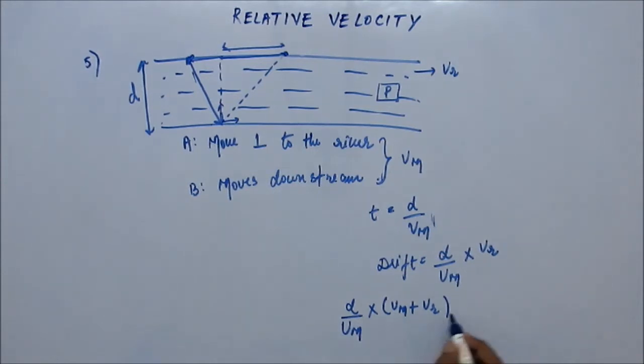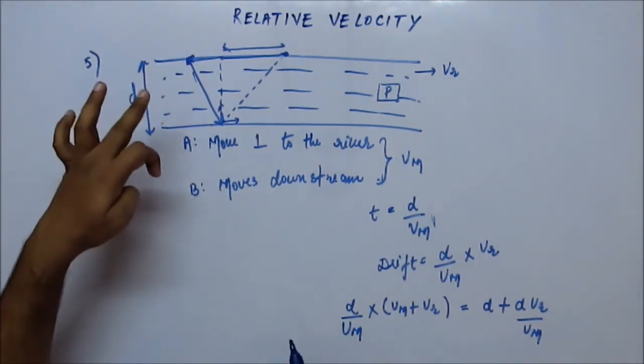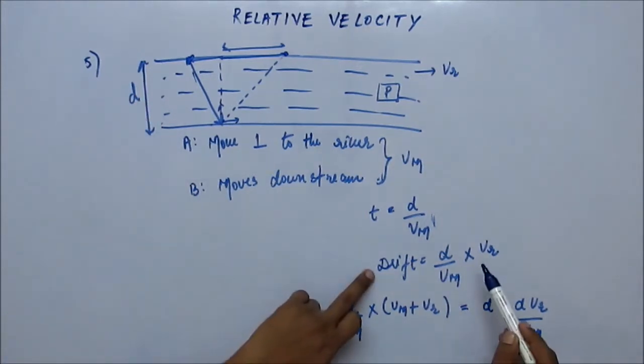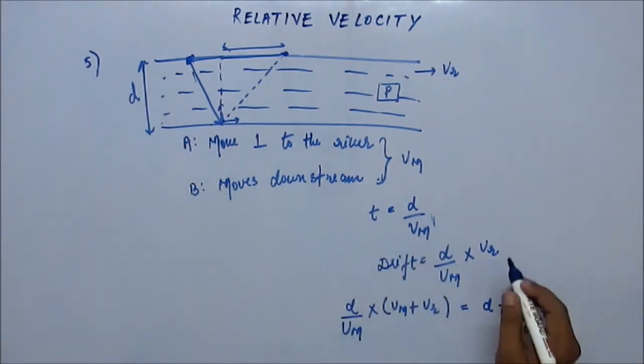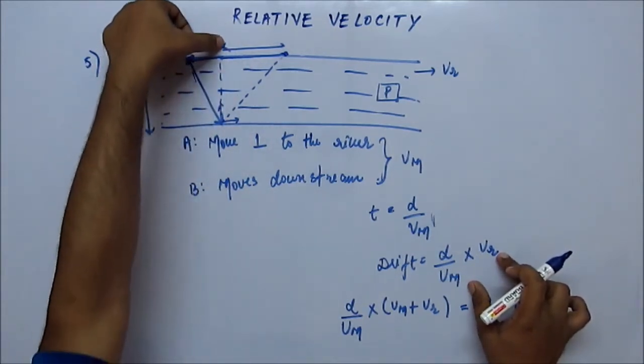So the distance that swimmer B has traveled is equal to d plus d Vr upon Vm. The distance that swimmer A has traveled along the x-axis is d Vr upon Vm. This is d Vr upon Vm, this drift.